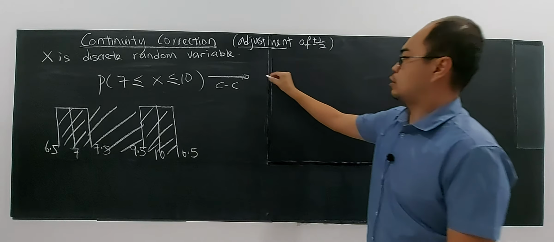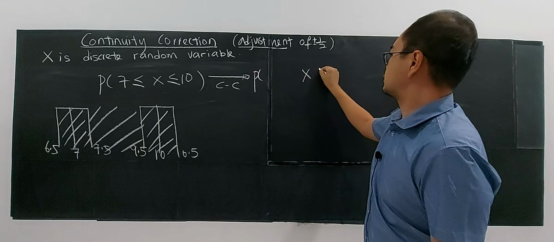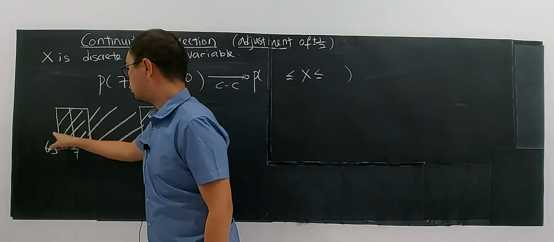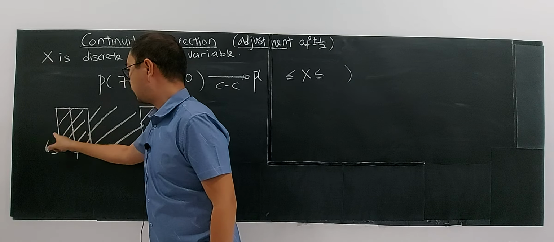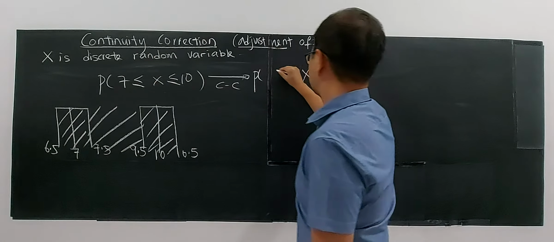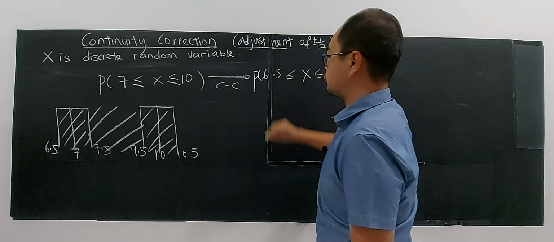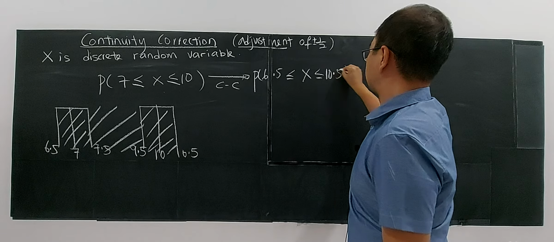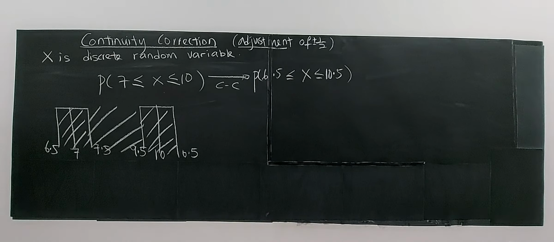So probability of x between from where to where? From the very end, where we start coloring here, 6.5, right? 6.5 up to 10.5. Okay, I have already done my CC, continuity correction, right?